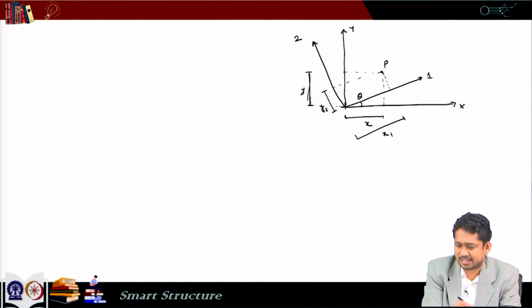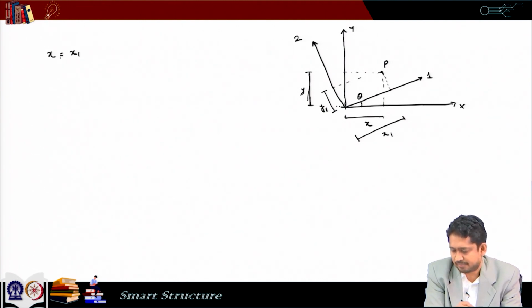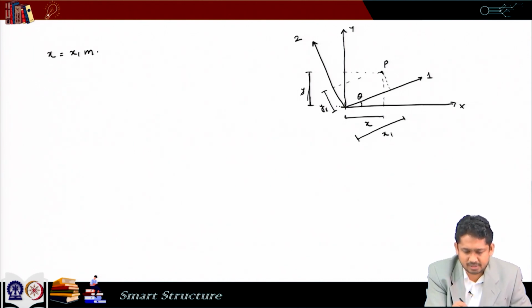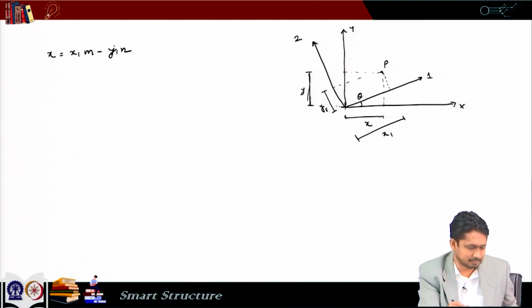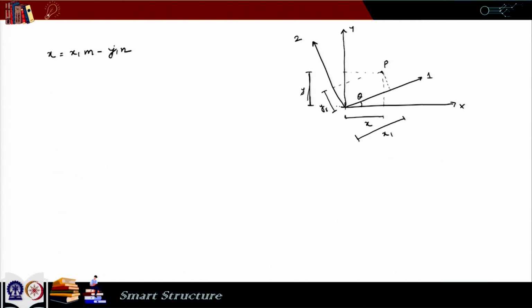So, from this diagram we can say that x is equal to x 1 m minus y 1 n. And similarly, y is equal to x 1 n plus y 1 m.